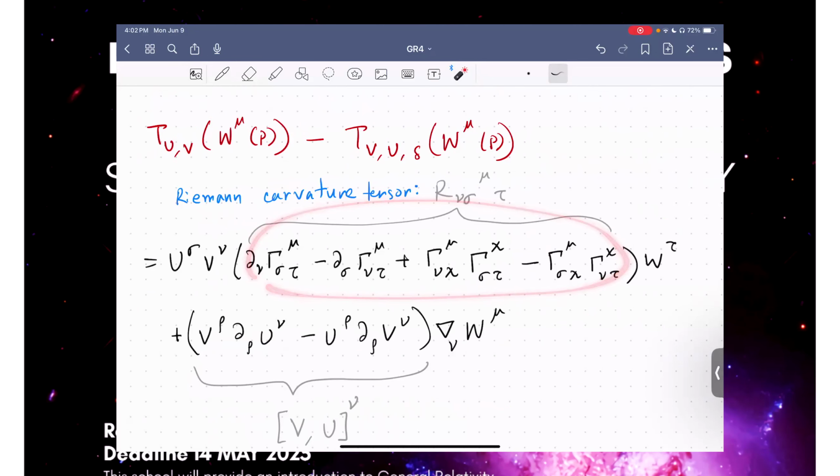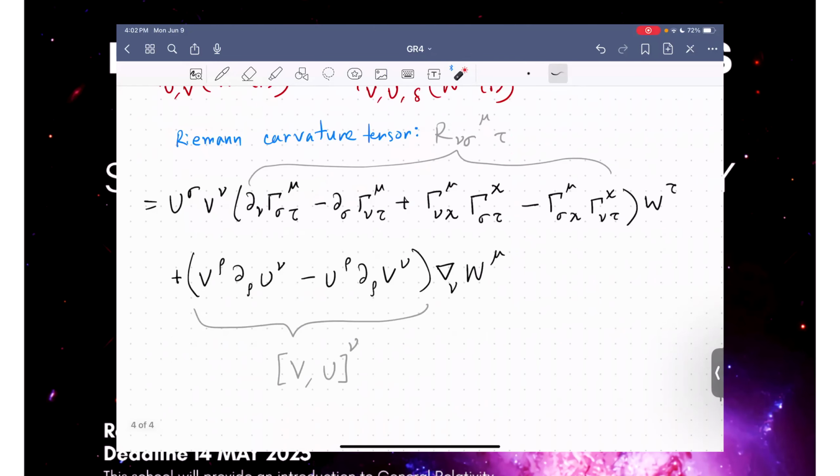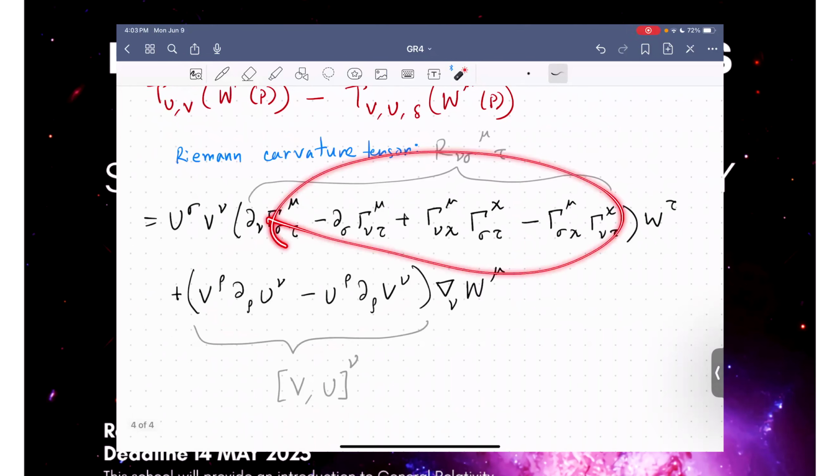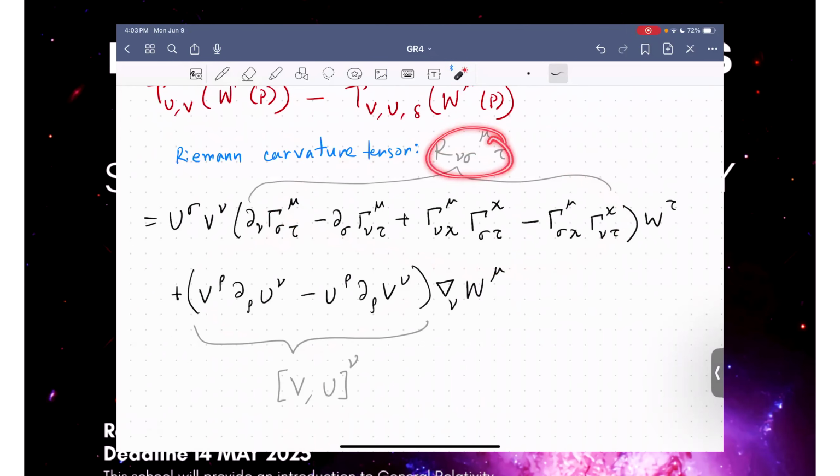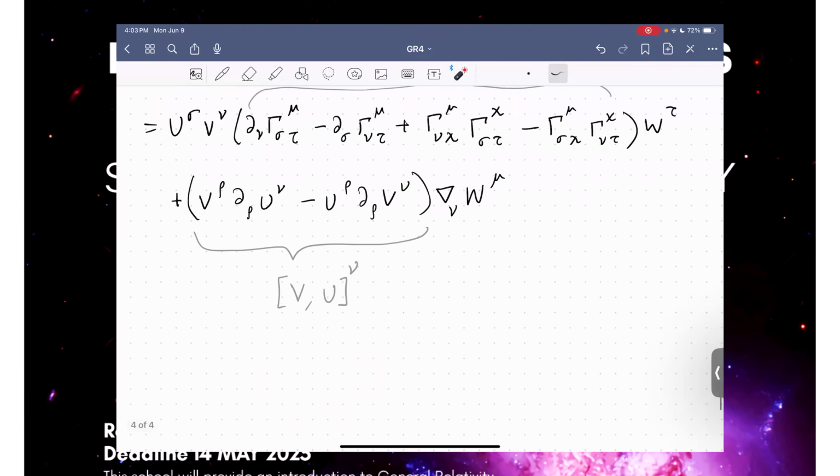One is this, that depends only on the structure of a manifold. And the other is this, which depends on the two vectors that are used to define this closed path. So we declared that this is a property of the vector fields that we chose and has nothing to do with the local structure of the manifold itself. And this is the local structure of the manifold that governs this parallel transport. So we call this curvature and we call this something else that has to do with vector fields. All right.